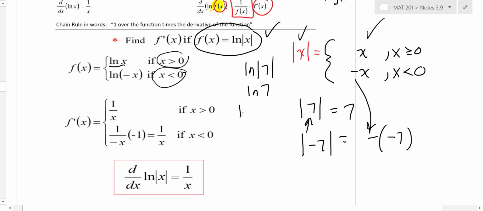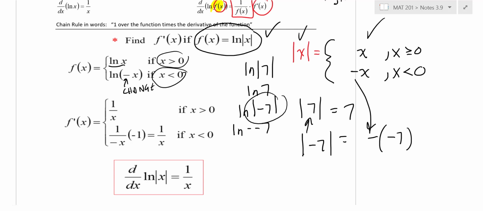So if you had the ln of the absolute value of negative 7, you would do the ln of 7, because what's the absolute value of negative 7 anyway? It's 7. So the idea is if this is negative, change the sign. That's all that's saying. Change it to a positive. All right, does that make any sense? Yeah. Okay? The higher you get in math, the more you have to make sense out of these technical definitions. You have to.